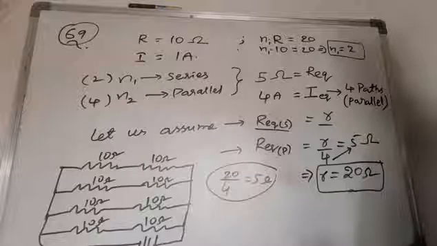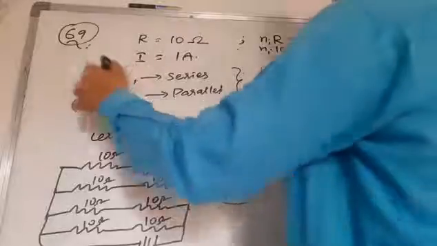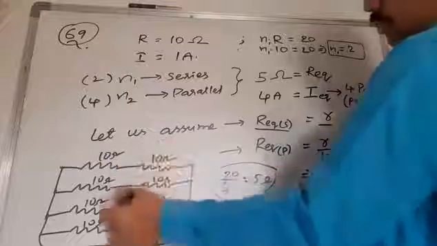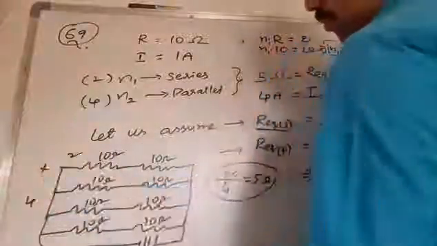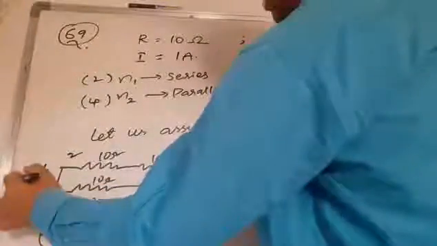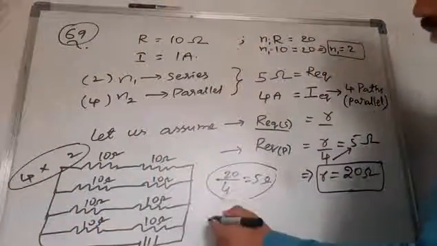Next, what he is asking: total how many resistors do we have? Total N1 plus N2. Each line has 2 resistors, and there are 4 lines. So 4 into 2. So total how many resistors do we require?